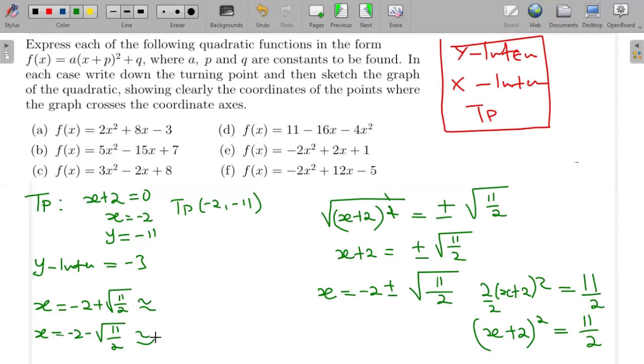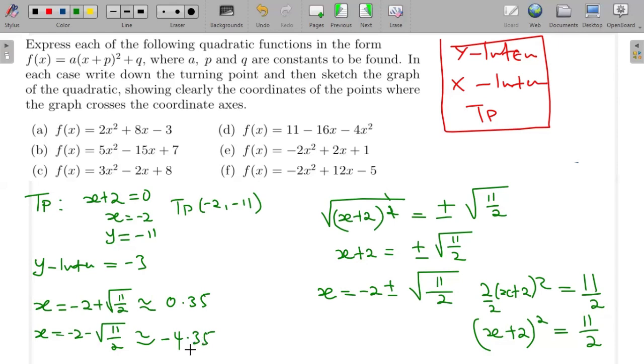So when you punch that on your calculator, minus 2 plus the root of 11 divided by 2, approximately that is giving me 0.35. Okay, what about this one here where we have a minus? That one will give me approximately minus 4.35.